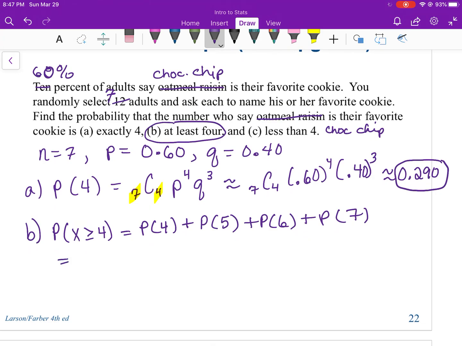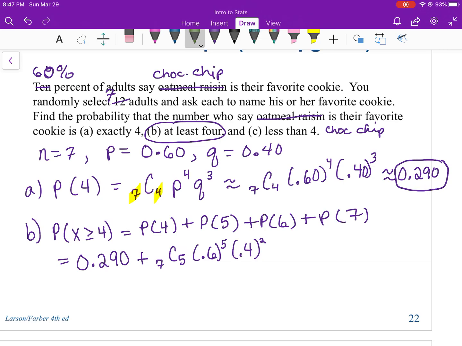Okay, we already have the probability of 4. So the probability for 5 is going to be 7C5, and then 0.6 to the 5th, and 0.4 to the 2nd.